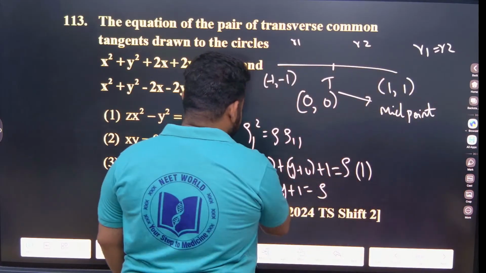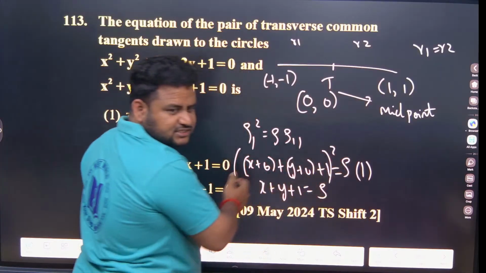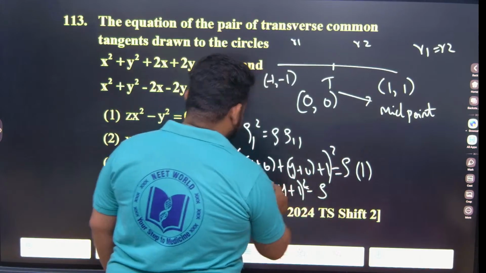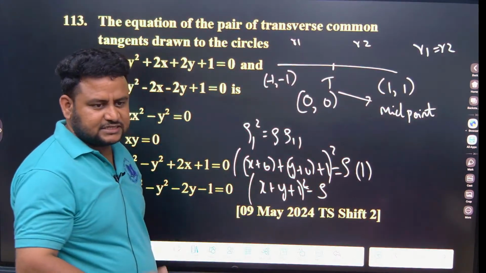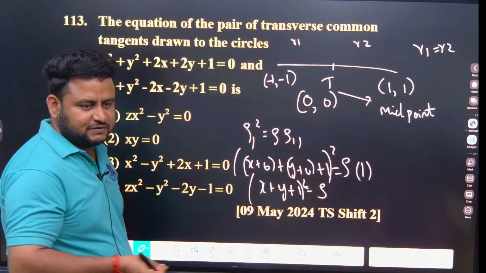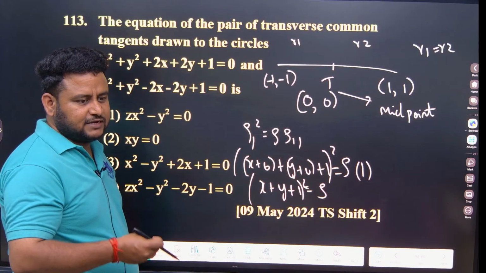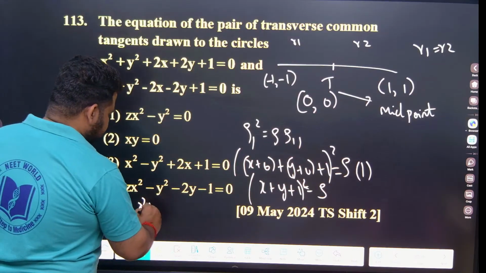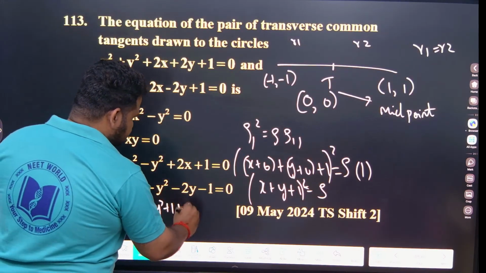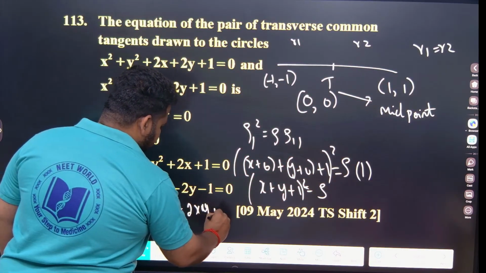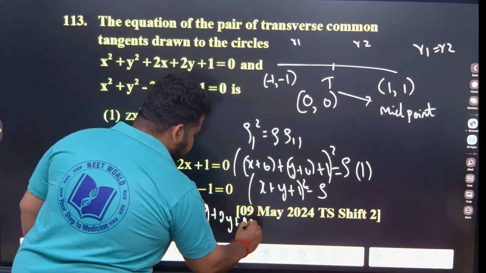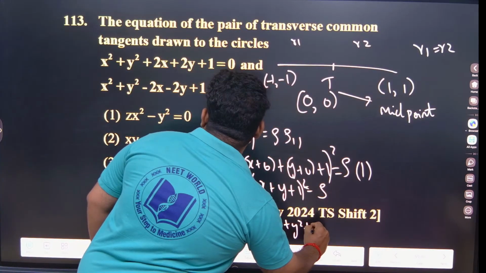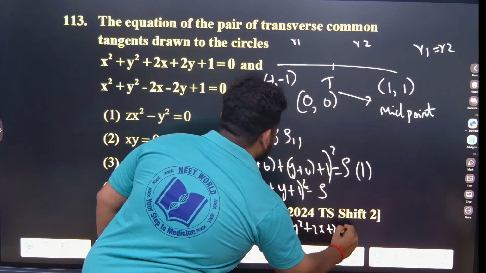And one more thing, this should be squared. S1 squared, this should be squared. Now S I have to write, x plus y plus 1 whole square. That is, x plus y plus z whole square is x square plus y square plus z square plus 2xy plus 2yz plus 2zx. So x square plus y square plus 1 plus 2xy plus 2y plus 2x is equal to S, which is x square plus y square plus 2x plus 2y plus 1 is equal to 0.